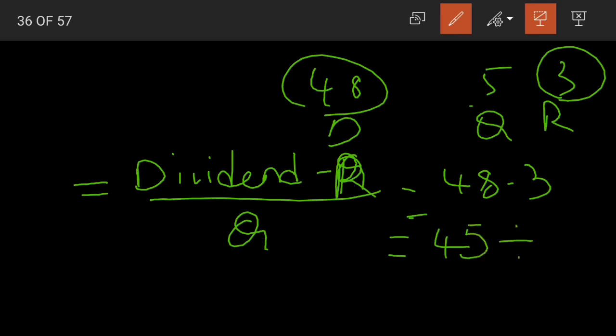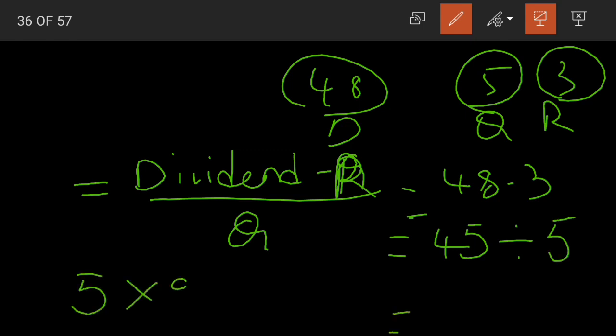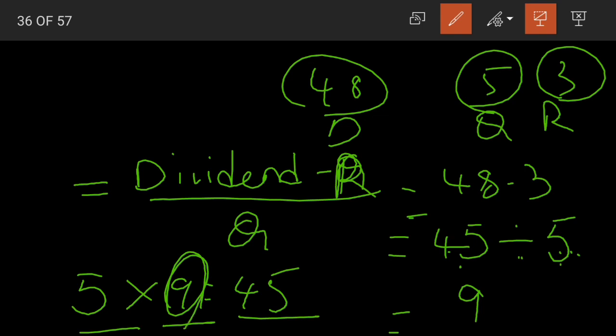Divided by our quotient, that is 5. We know that 5 nines are 45. So 9 becomes our answer. We have done 45 divided by 5 in the first class.